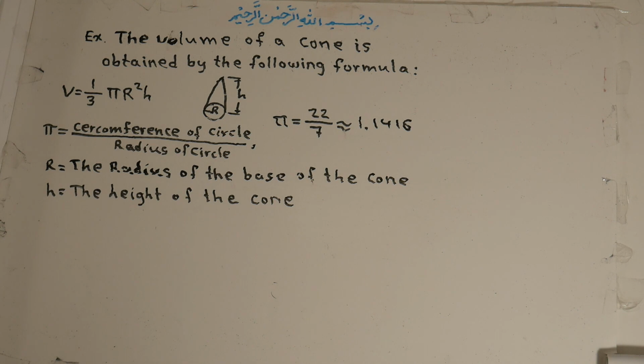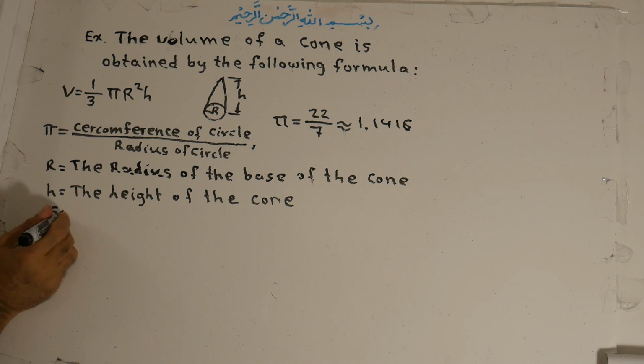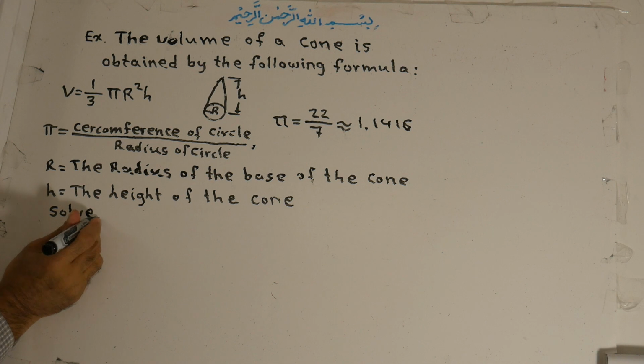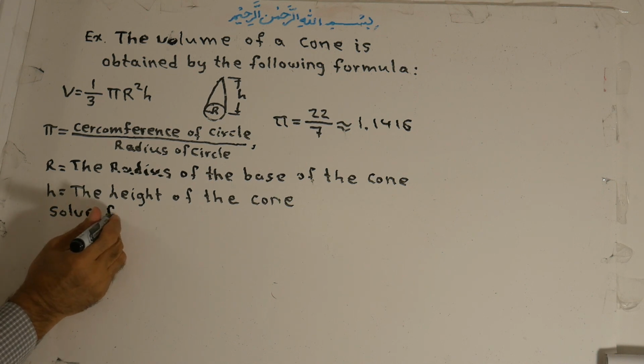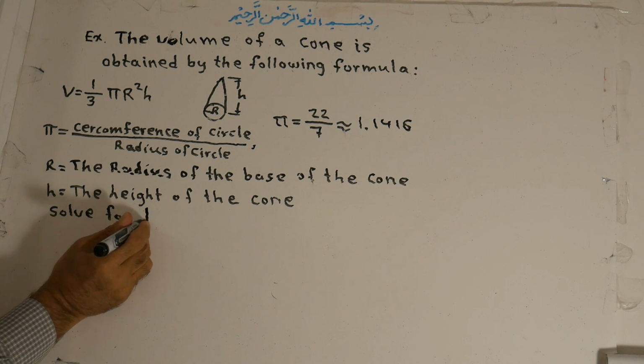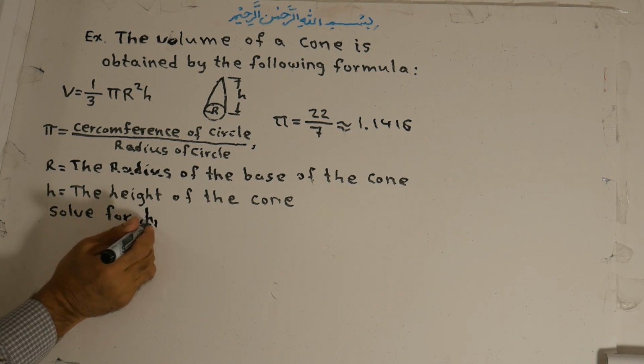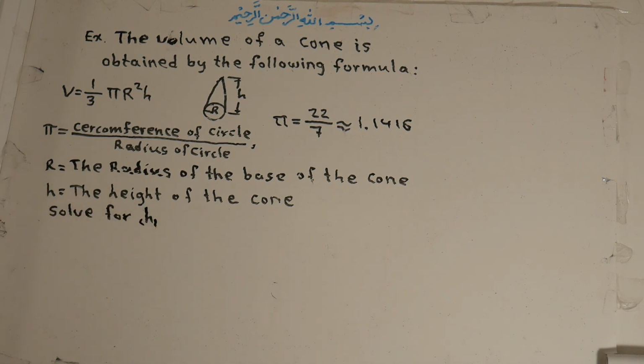Now this formula is for volume. We want to solve for H. If you have volume, pi and also radius, how can you find the H, or the height?